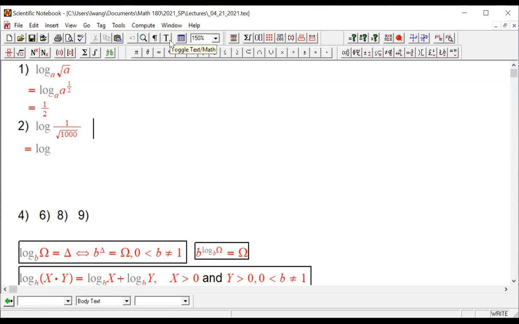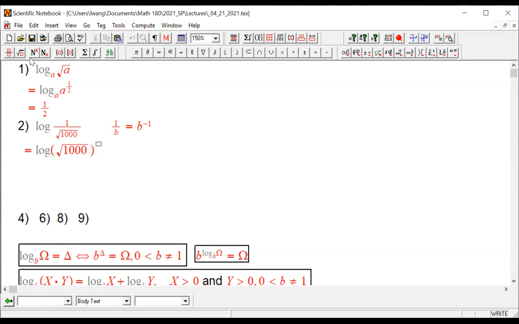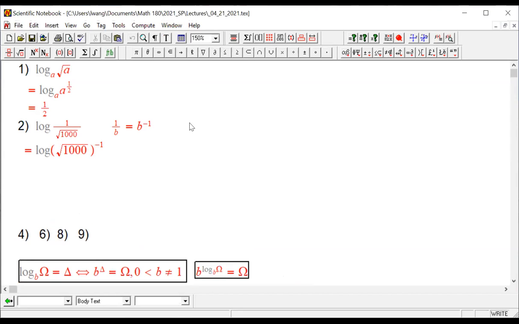He used that 1/b is b raised to the power -1. The b, of course, is the square root of 1000, so he put that in with the parentheses and the -1. Correct me if I misinterpreted your work, Bailey. Thank you.